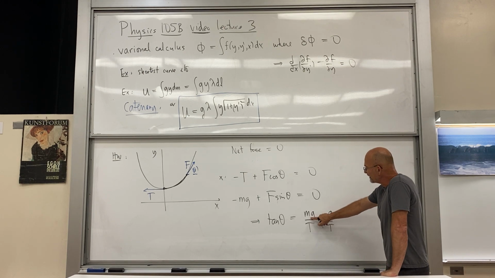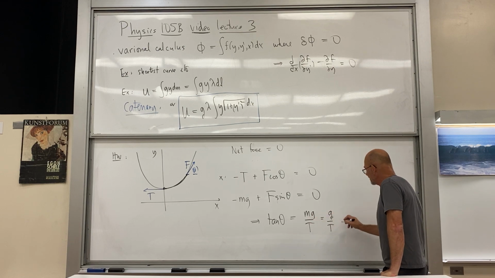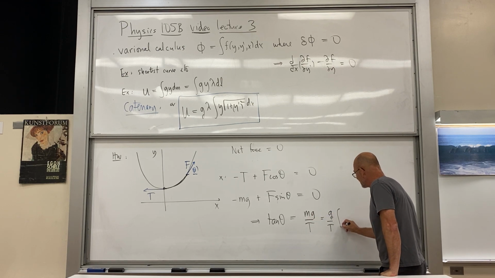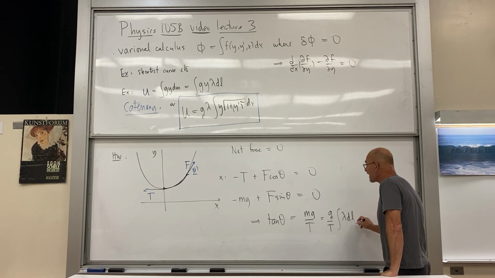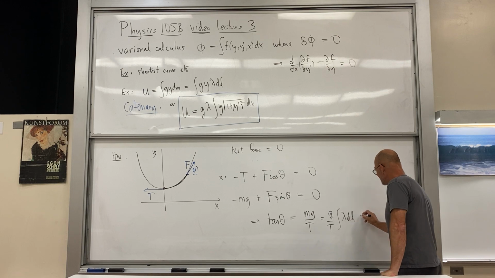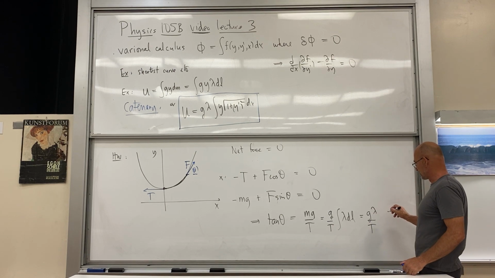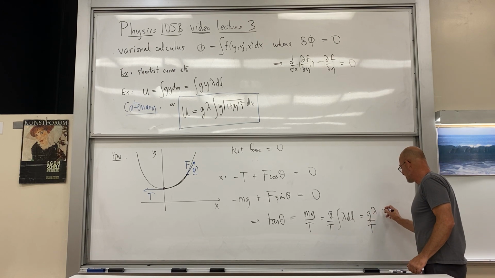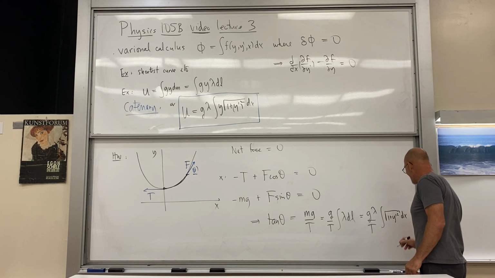Now what we can do is we can take the g and the T out here and ask what is that mass going to be. And that mass is going to be the integral of lambda dl again, as we just set up there. We're going to have g lambda over T, and the dl is simply going to be the integral of root 1 plus y prime squared dx'.